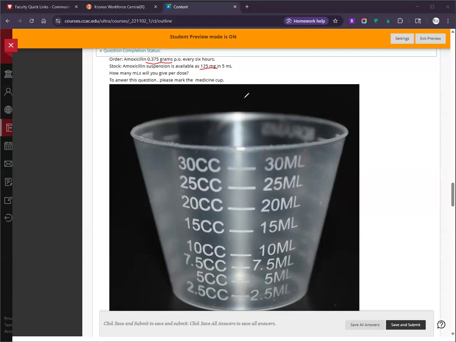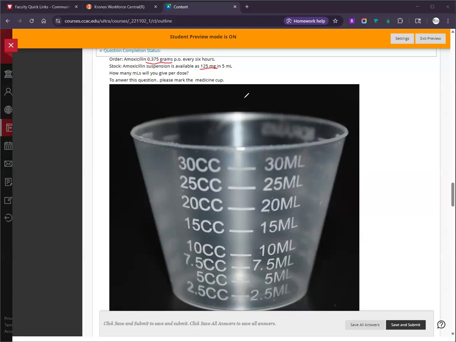So if you're rushing through this, feeling pretty confident, and you type in your calculator 0.375 divided by 125 times 5, you're going to get an answer of 0.015. Now you might be tempted to write 15 ml, and you'd actually be correct if you did that.